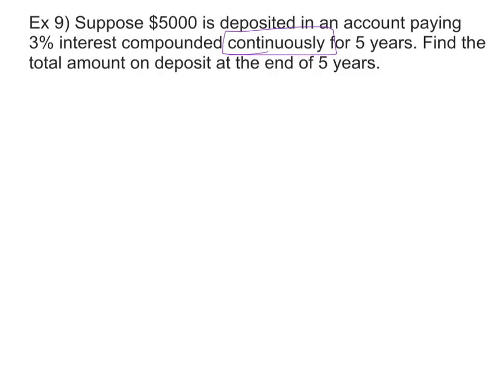But your kicker for this problem, it doesn't say quarterly, it doesn't say annually, it says continuously. So that is my tip that I am using this formula. A is equal to principal times e to the RT power.